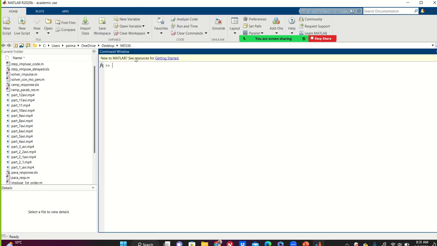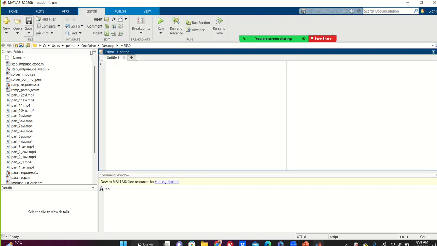For the coding, I'm going to say clc, clear all, close all. I'm going to say zeta 1 is 0.05, which means we have a very low amount of damping, and zeta 2, I'm going to increase to 0.3.